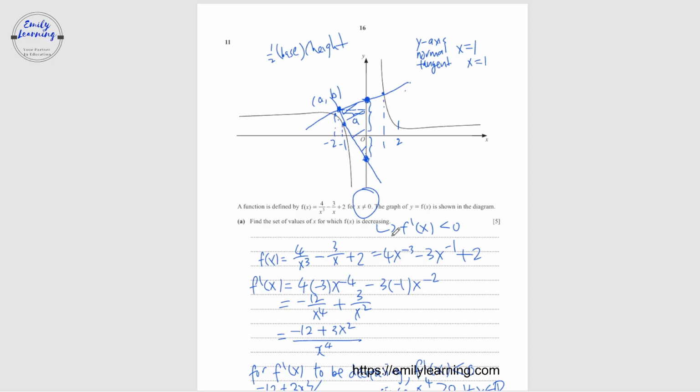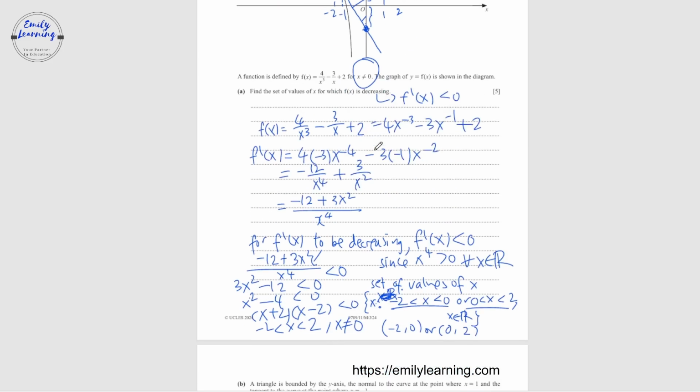Okay, so what I need to do is to find the equation of the normal and tangent first. From there, I need to find the point of intersection. Also, once I have the equation of the normal and the tangent, I have the y-intercepts. Okay, so let's do it.